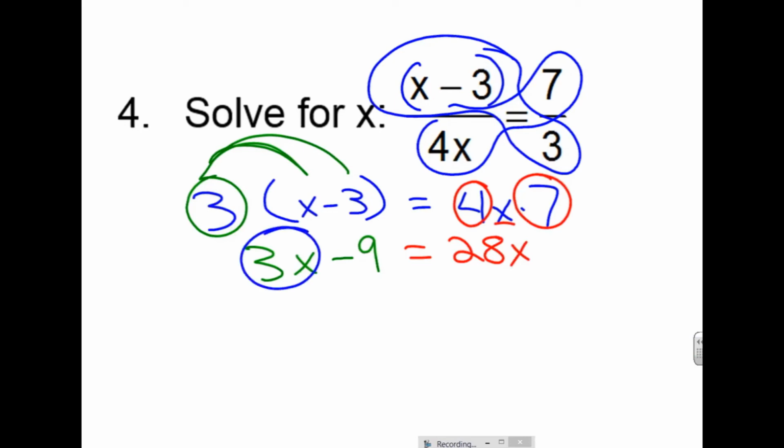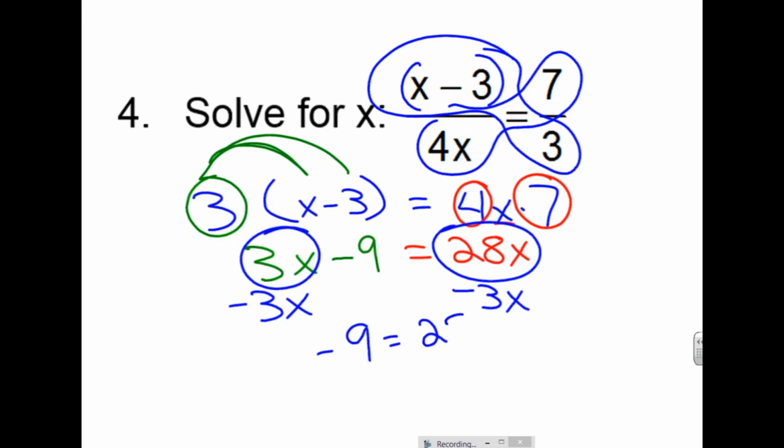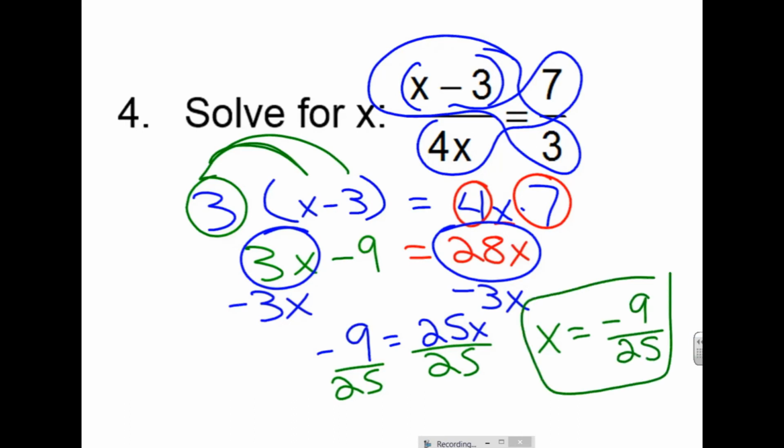We look at our x terms. In this case, our little guy is 3x, so we're going to subtract it on both sides. Negative 9 equals 25x, and our last step is to divide both sides by 25. Since 9 does not divide by 25 nicely, our final answer is negative 9 over 25 for x.